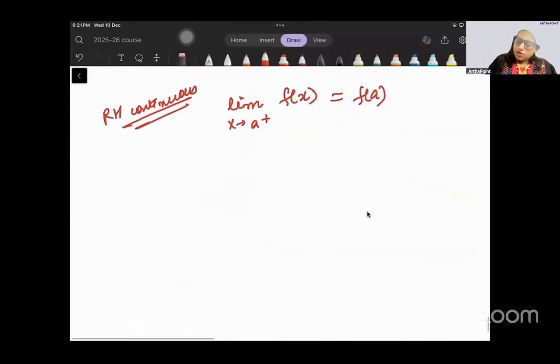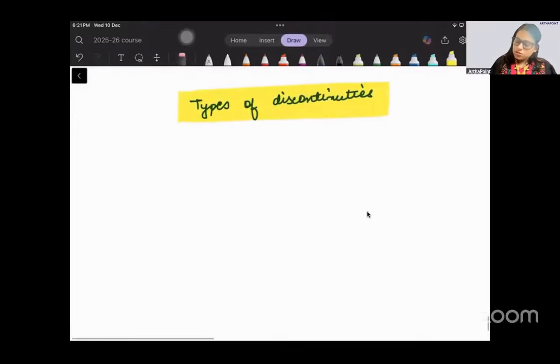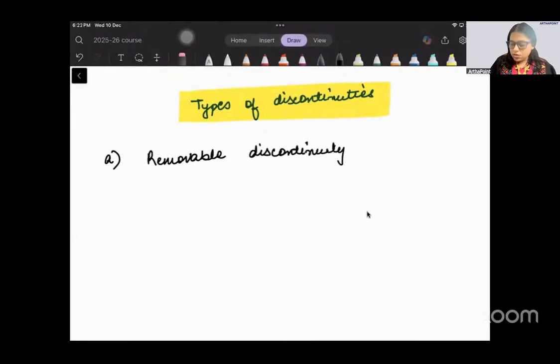Then we have the types of discontinuities. The types of discontinuities, in which the first one we have is called as removable discontinuity.